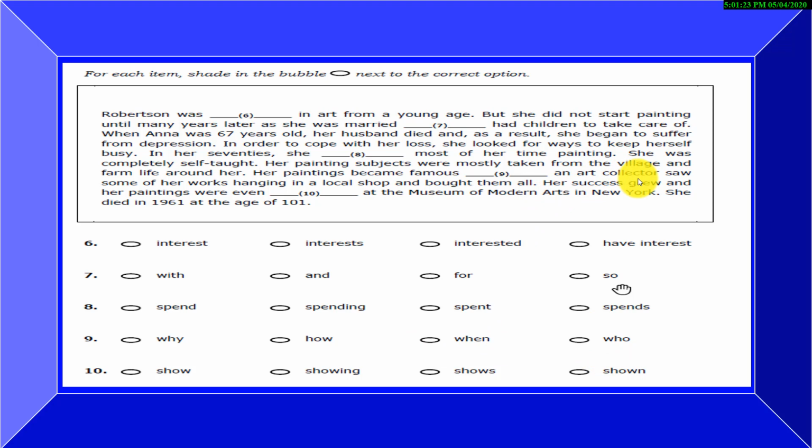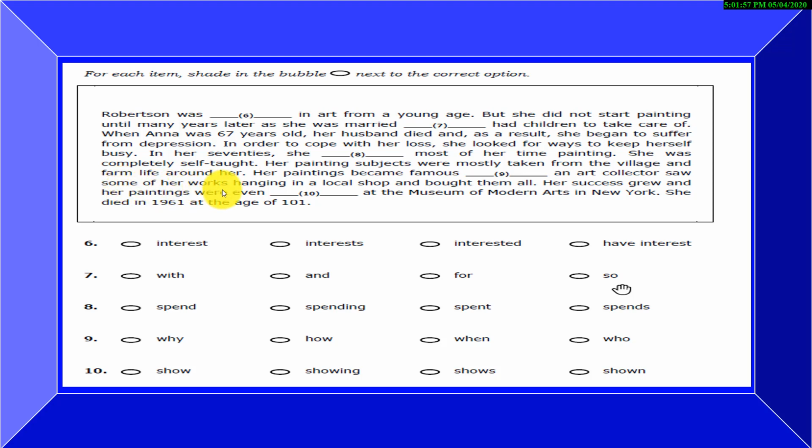An art collector saw some of her works. So what? When. Her paintings became, the past of become. Become present, became past. Yes, her paintings became famous when an art collector saw some of her works.